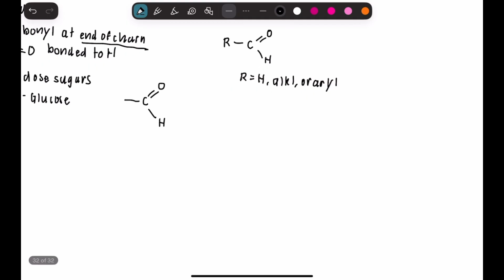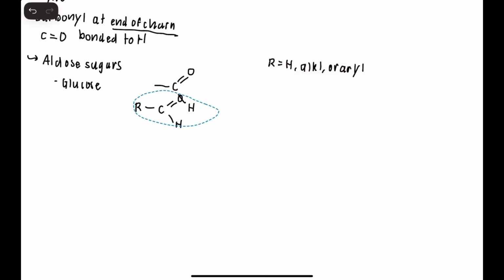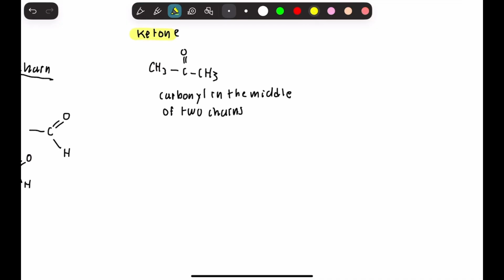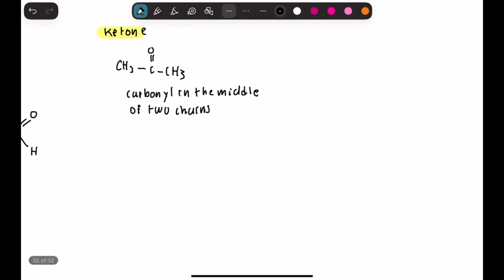After this, we can move on to ketone. A ketone is a carbonyl in the middle of a chain. This is basically C double bonded to O, bonded to two carbons.